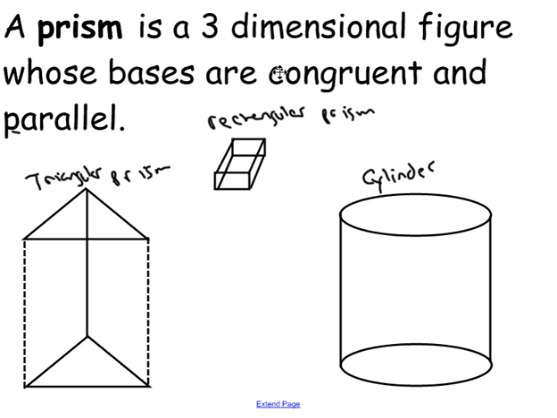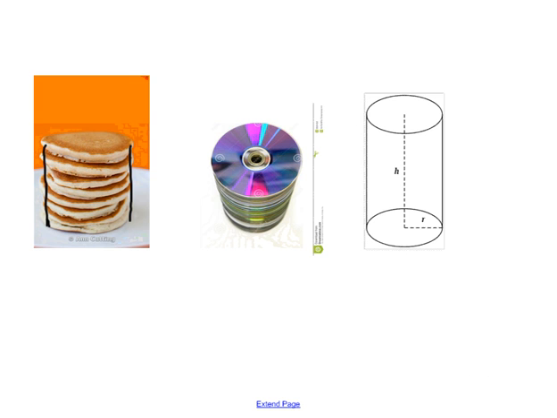All right, now, another way you could think of a prism is a stack of two-dimensional figures. So let's take the cylinder, for example. A cylinder is really a stack of circles. So let's look at these pancakes here. So take one pancake, it's a two-dimensional figure.